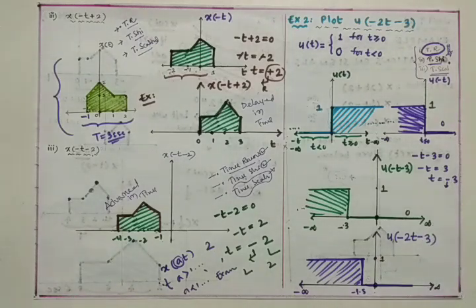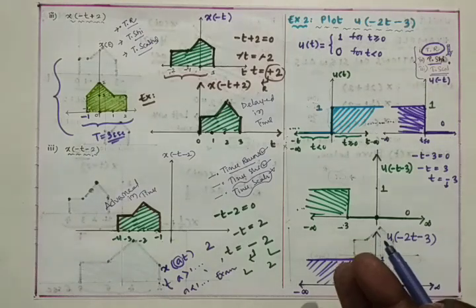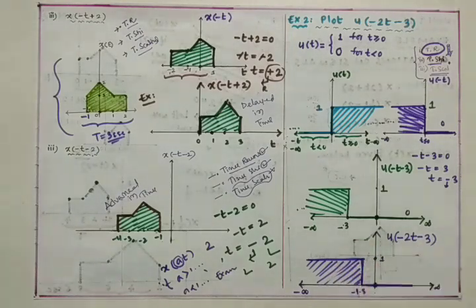That means we have to identify whether the independent variable is assigned with the negative sign or not. If it is, we should apply the time reversal operation. After completion of the time reversal operation, we should search for the time shifting operation. If the independent variable is added or subtracted with any finite value, then we have to apply the time shifting operation on the time reversal signal.